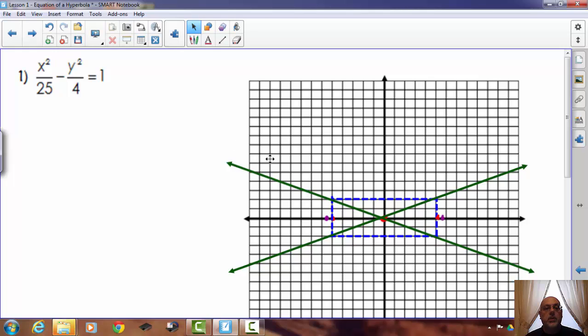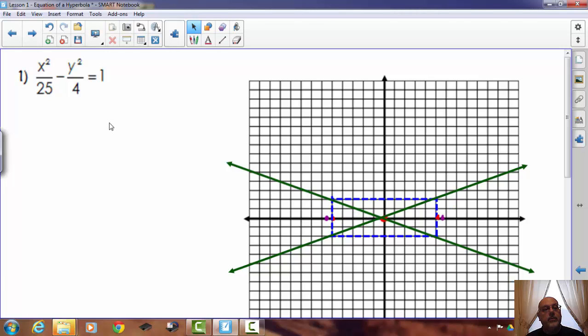Since it's just x squared and y squared, the center is at the origin. That's where I put this dot, and that's where the two green asymptote lines cross. From the center, the vertices are going to be a distance left and right, because the x's are first, so it's opening left and right.